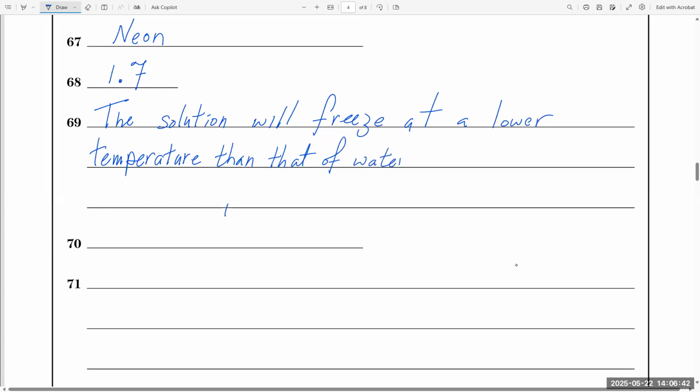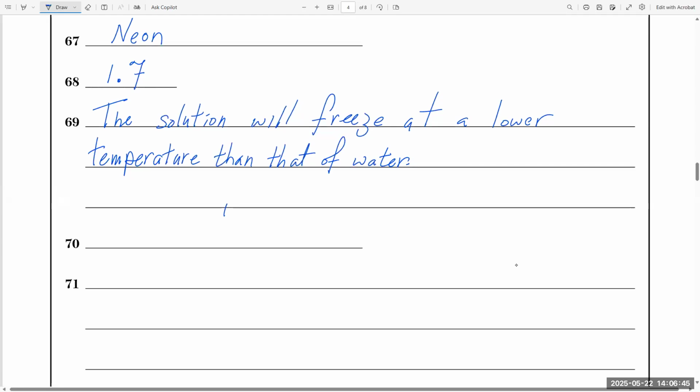Or conversely, you could write also that the water will freeze at a higher temperature than that of the solution, right? It doesn't matter how you say your grammar, okay?